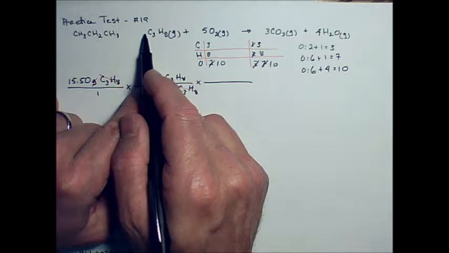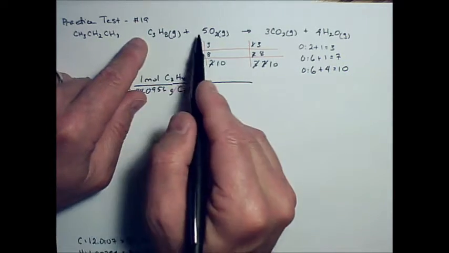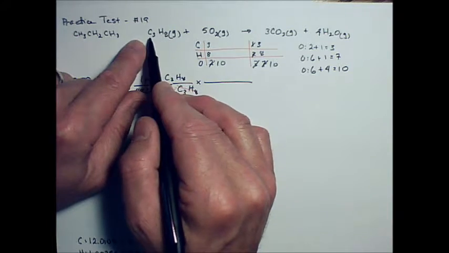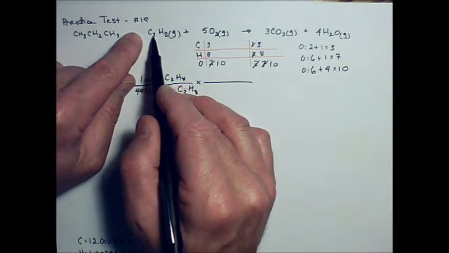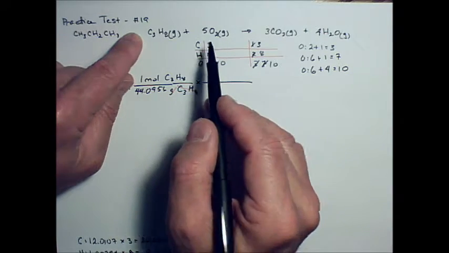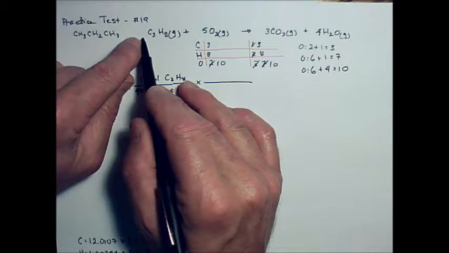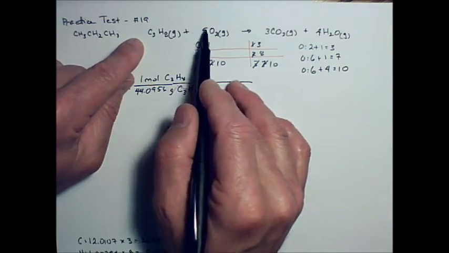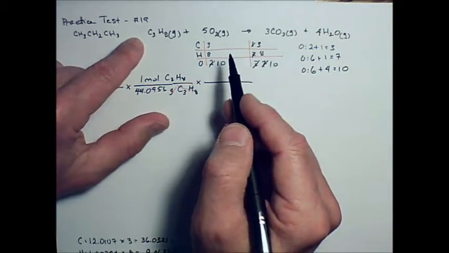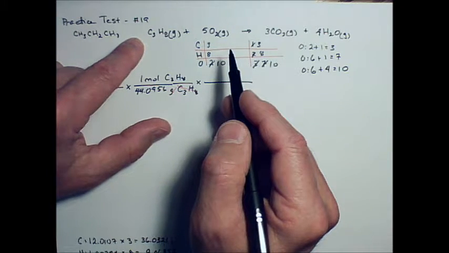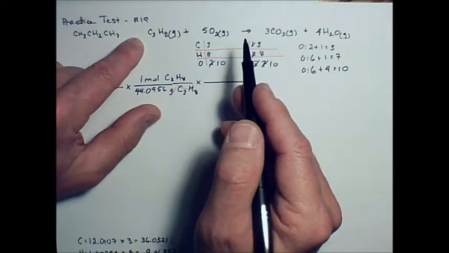So these coefficients in the equation can be thought of as being individual molecules or formula units. So I'd have 1 formula unit of propane here and 5 formula units of oxygen. But you can also use that to mean moles of that formula unit in this formula unit. 5 moles of this one, 1 mole of this one, because a mole is a counting number. It's equal to 6.02 times 10 to the 23rd particles.